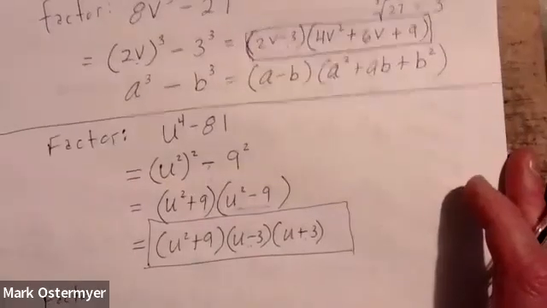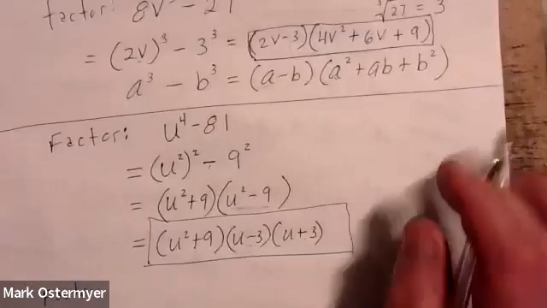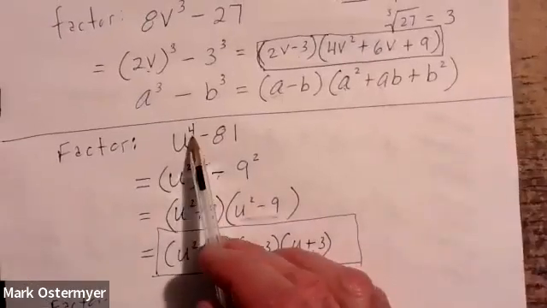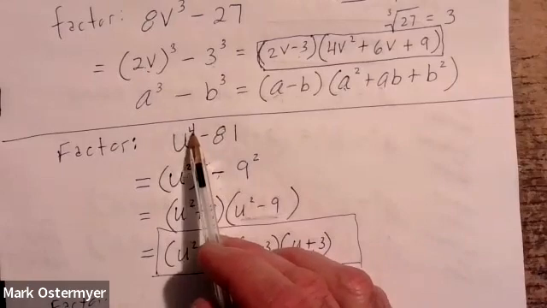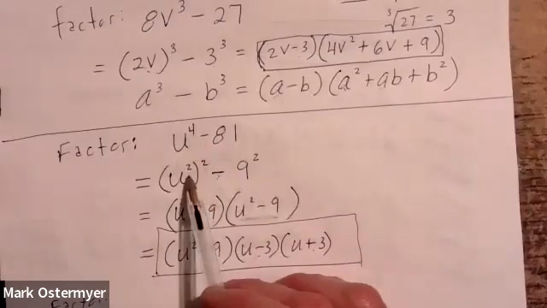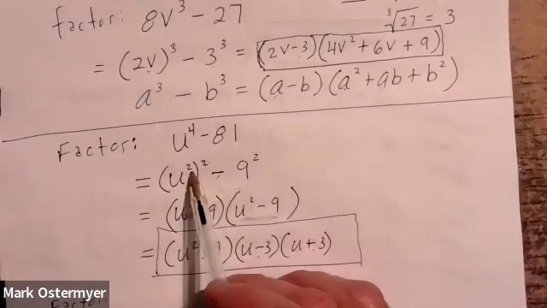Okay. As far as the variables are concerned, like u to the 4th power, you would ask yourself, does 3 or 2 divide into 4? Does 3 divide into 4 evenly? No. But 2 does, doesn't it? Right. And that's why u to the 4th is a perfect square of u squared.